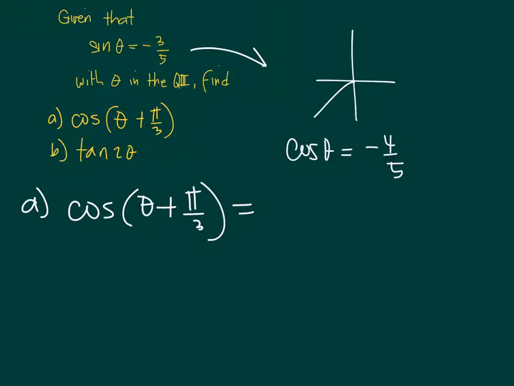Hindi pa reference angle yan. What's our next step? Kunwari, kayo nagsusulat. Hindi nyo pa magamit yung negative 4 over 5 and negative 3 over 5 directly. You have to do something with cosine of theta plus pi over 3.